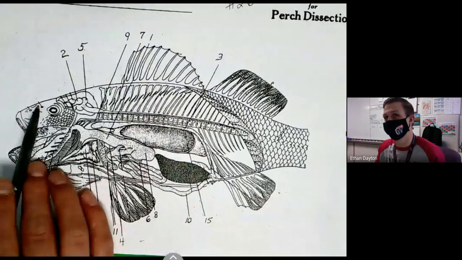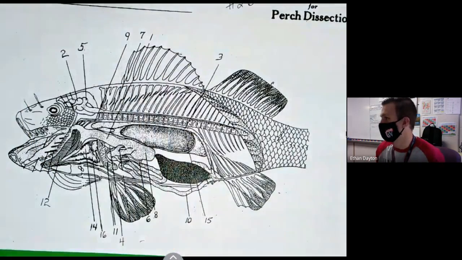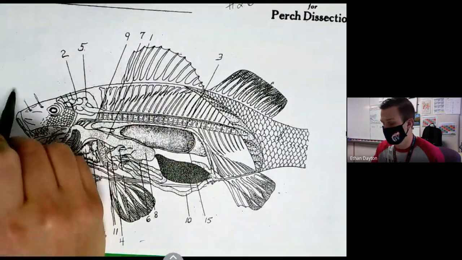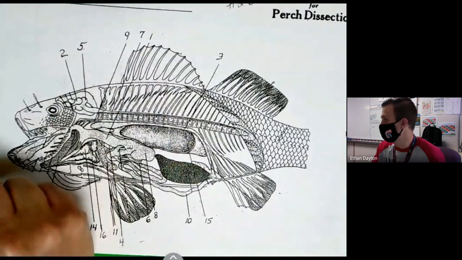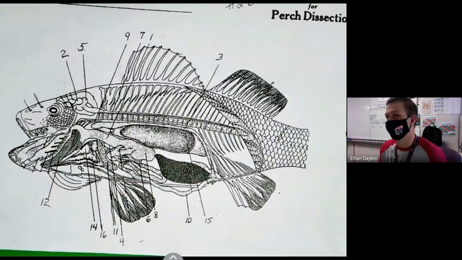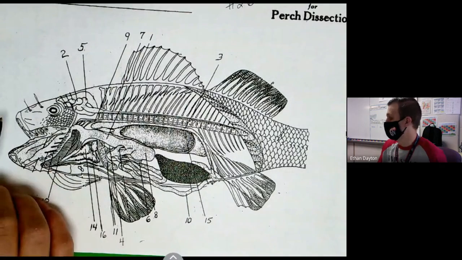You can see some of these lines were whited out. If you would like to do extra credit, you would just write the name of the body part. That's 1 point. If you gave me the extra credit by naming the body part and writing a function right next to it, that would be another point.